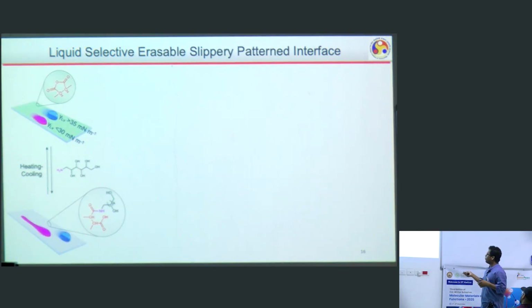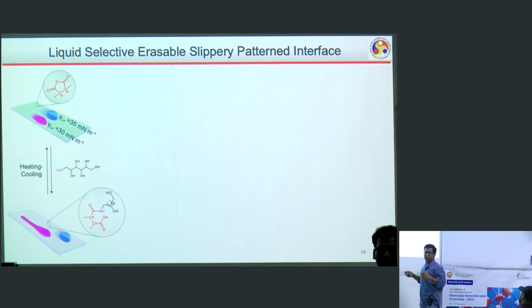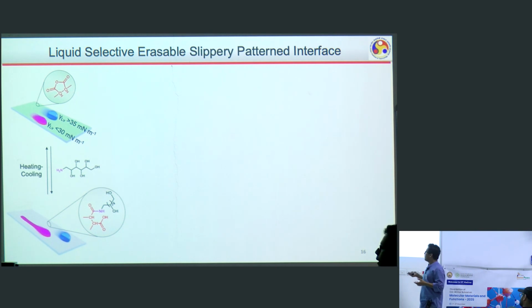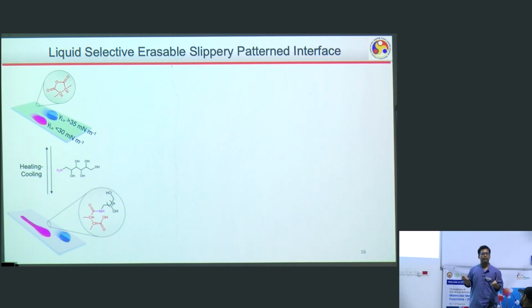Now, if you go further, we took an interface with mole fraction 0.27, which is good to slide both water and ethanol, or more generally, surface tension more than 35 millinewton per meter and less than 30 millinewton per meter, and then you modify it with glucamine.